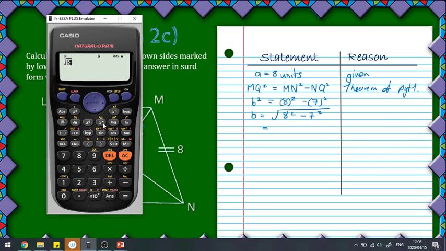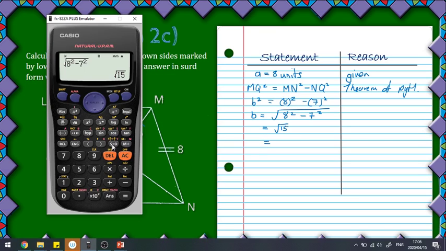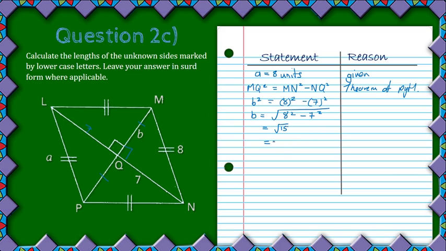So this is the square root of 15, and to 2 decimal places, that would be 3,87. And we're working just with units.